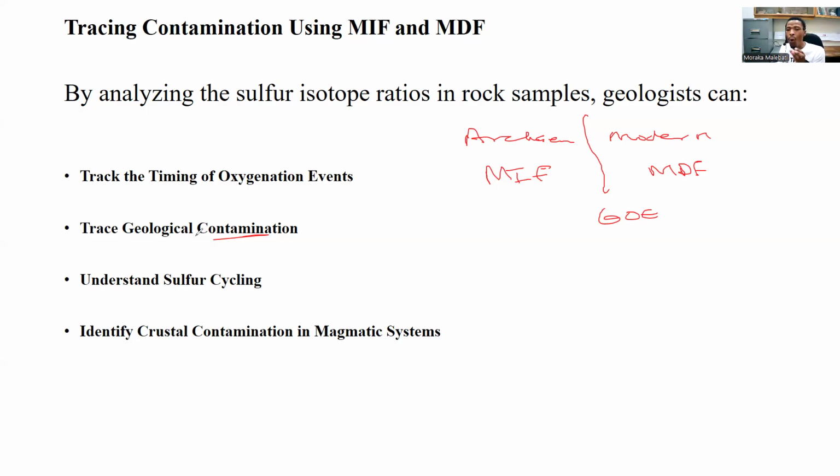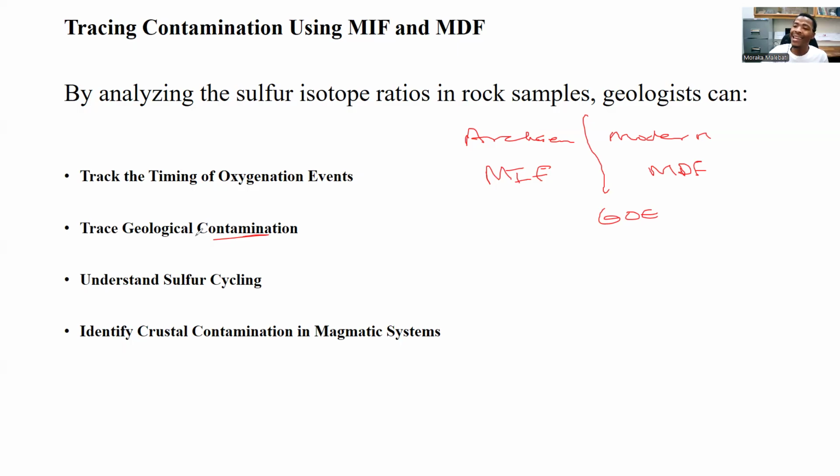Because we know the Archean sources carry the MIF signals, if we see this MIF inside the younger rocks after the Great Oxidation Event, it means the younger rocks were contaminated by the older Archean rocks, which is why they are also good for tracing geological contamination.